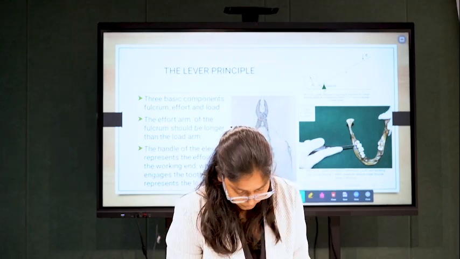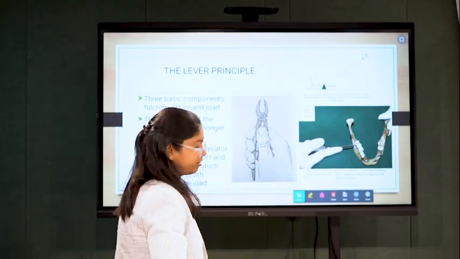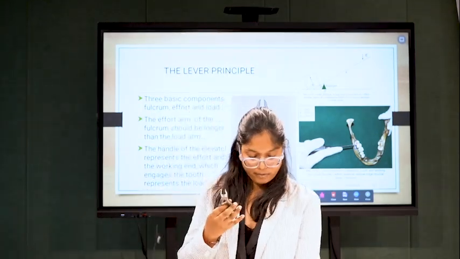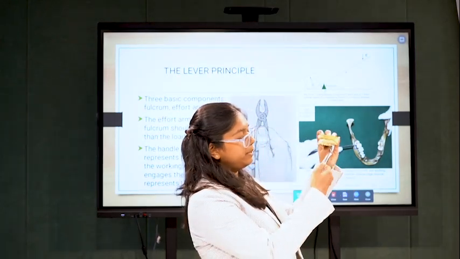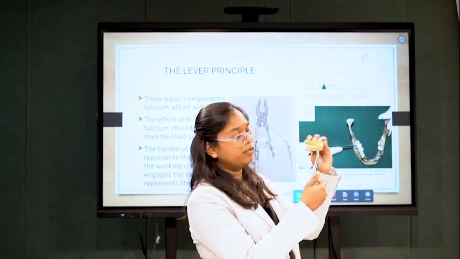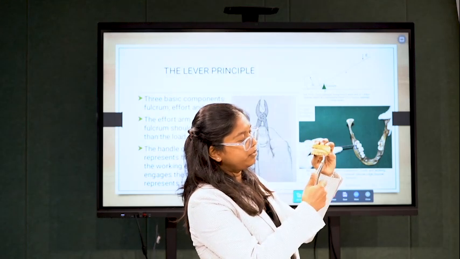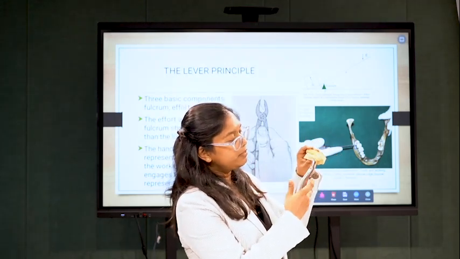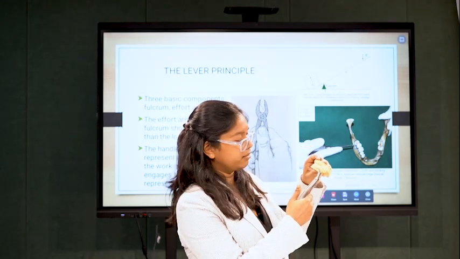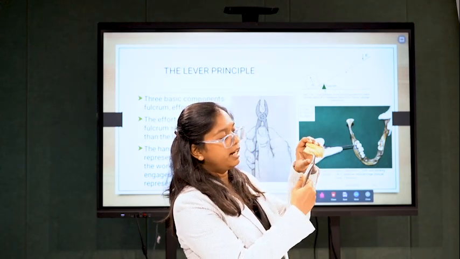Whenever you are doing extraction with the help of forceps, you have to know that when you are holding your forceps, the hand should be placed very far. It will help you to generate more force at the apices. Always we have to work toward the apical direction, and the fulcrum will be at the hinge.